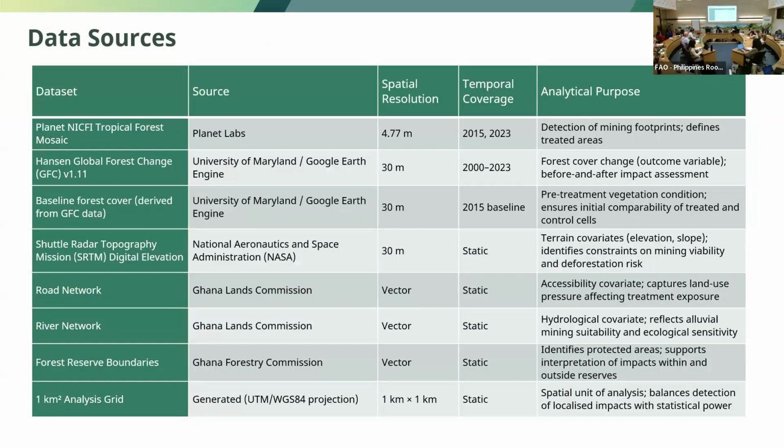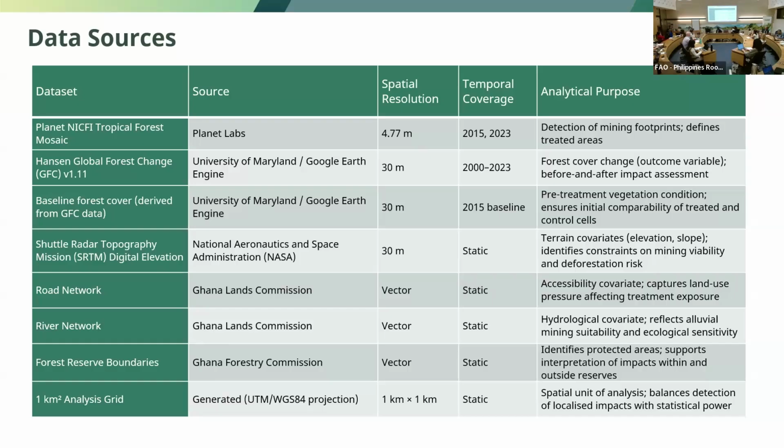And like I said, fortunately, with the data sources, we have credible open data from the NICFI data and the Hansen Global Forest Change data, and the SRTM data provided us some of the covariates.